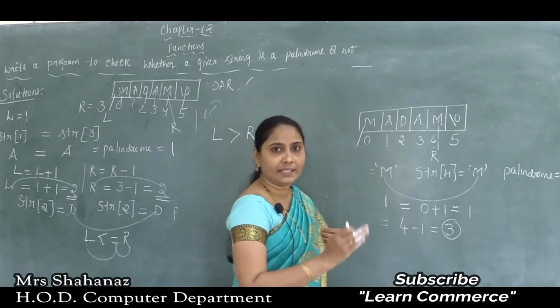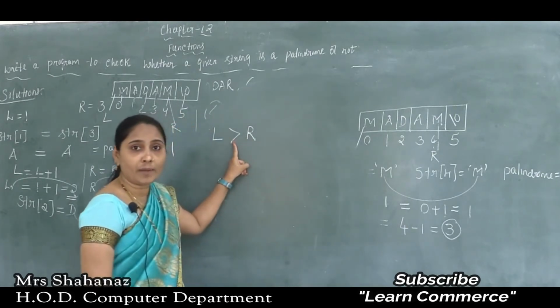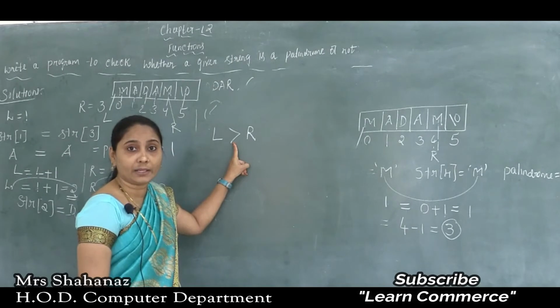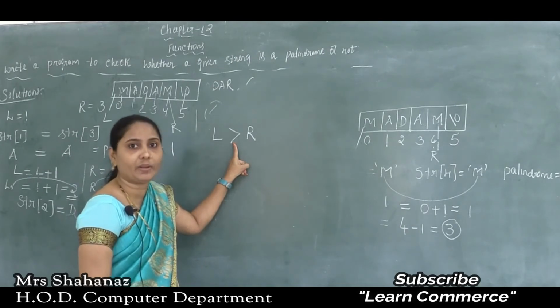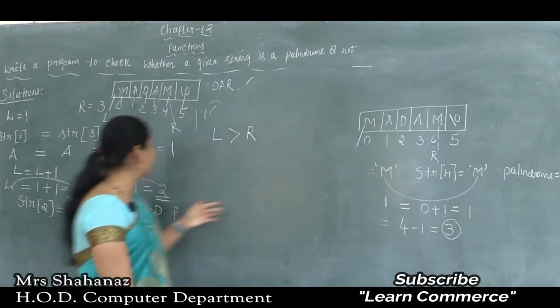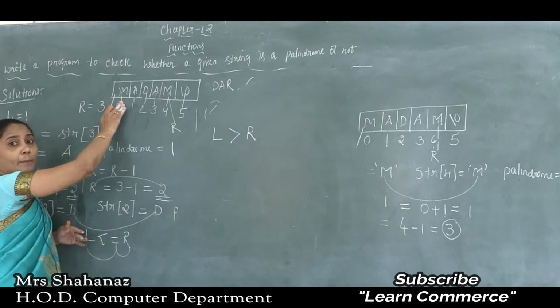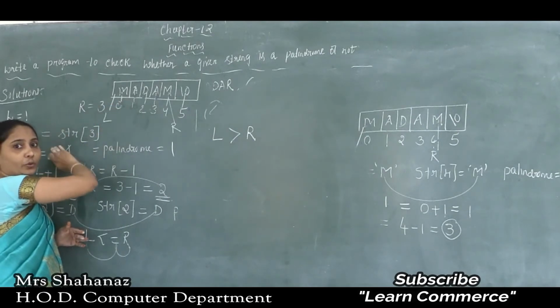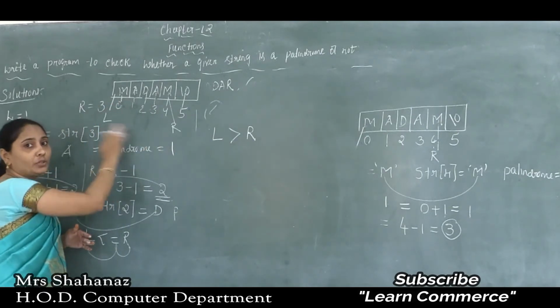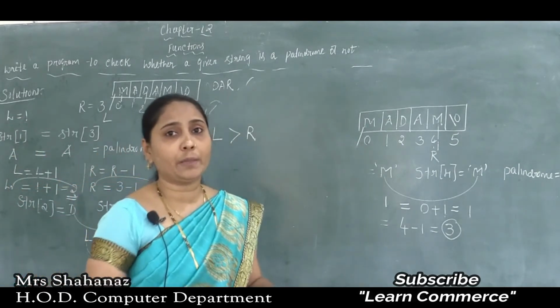But when the condition is not satisfied, that is when the L value is greater than the R value, we have reached the end, and there is no problem here. Whatever characters are there, we already matched the character from left to right. L is incremented by 1, R is decremented by 1.